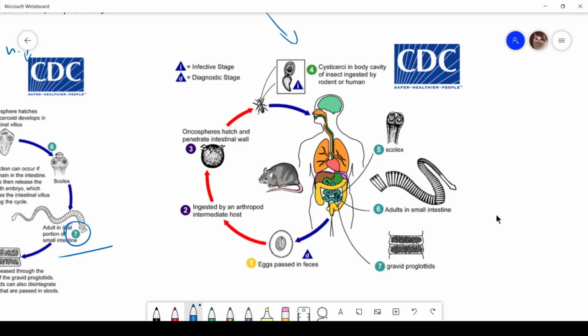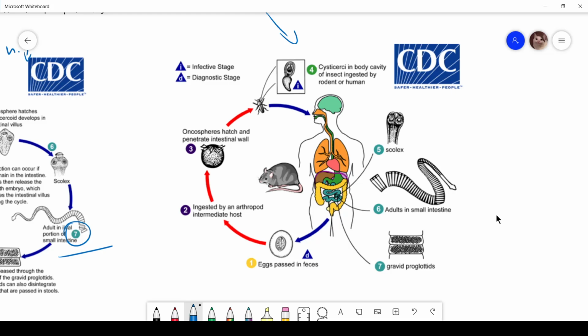Inside this intestinal wall, they develop into cysticercoid larva. Species from the genus Tribolium are common intermediate hosts for Hymenolepis diminuta. The cysticercoid larva persist throughout the arthropod's morphogenesis to adulthood.